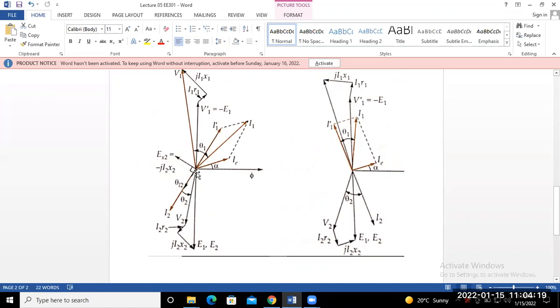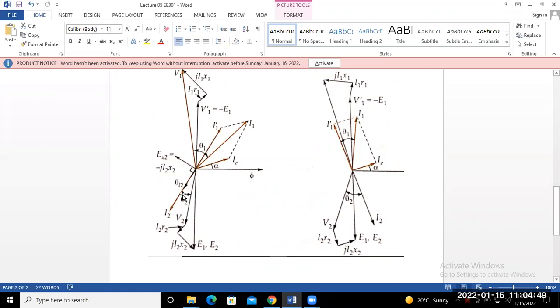So first we draw the E1 and E2 in the downward direction, and I know V2 is less than E2, so you draw it behind E2. From this V2, since it is a lagging power factor load, draw the I2 at some angle that is represented by theta 2.